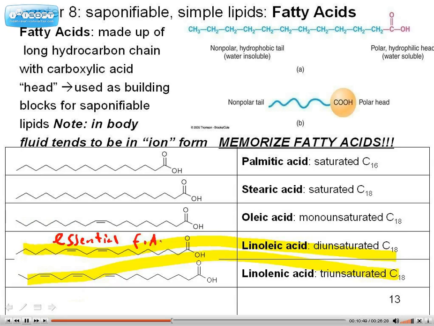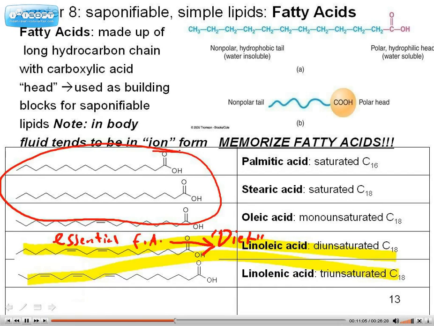We call them essential fatty acids because we need these from our diet, from eating. We cannot make these naturally in our body. So we call these the essential. These over here are the non-essential. Although we could get them from our diet, we can actually synthesize them on our own if we wanted to.